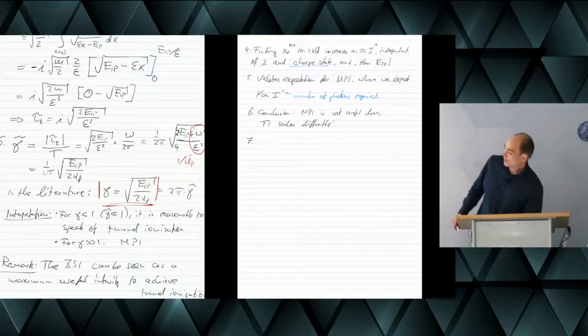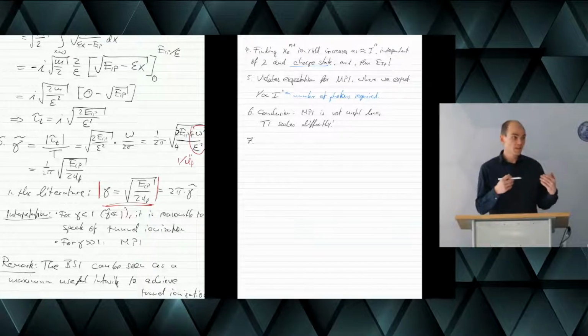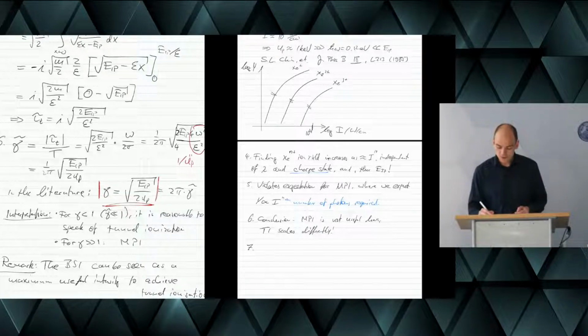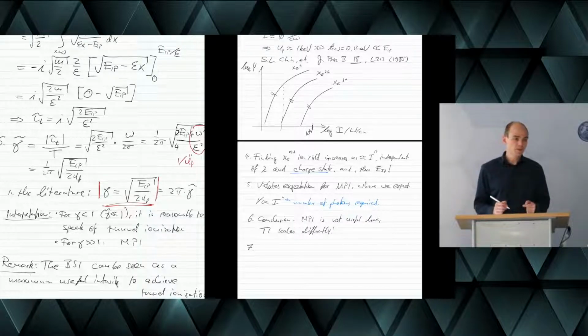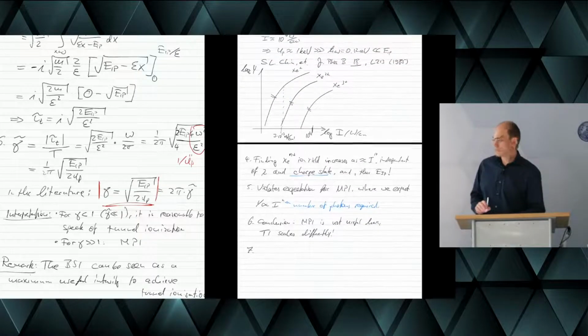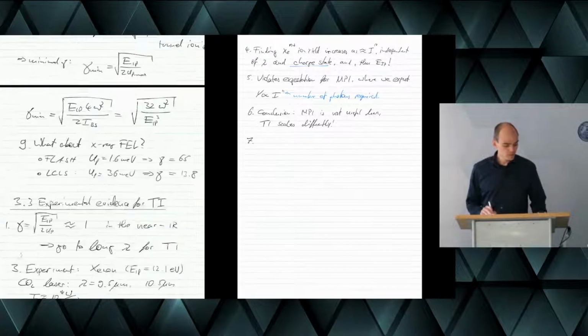Okay, so one remark that we should make is that the total intensity actually approaches the value of the barrier suppression intensity. Roughly somewhere here is 10 to the 14 watts per square centimeter. But where the xenon plus starts to saturate was actually only 10 to the 13 watts per square centimeter, and that's of course much lower than the barrier suppression.